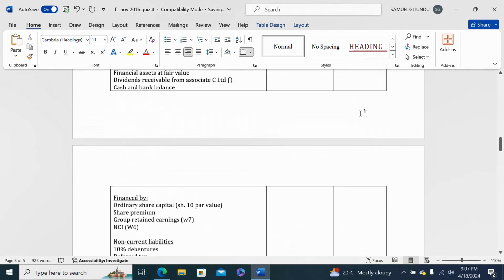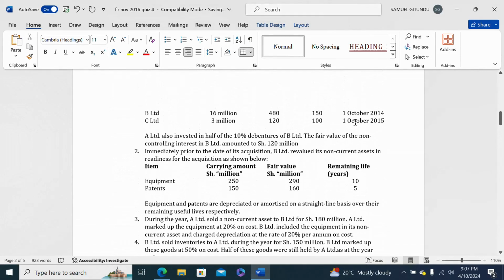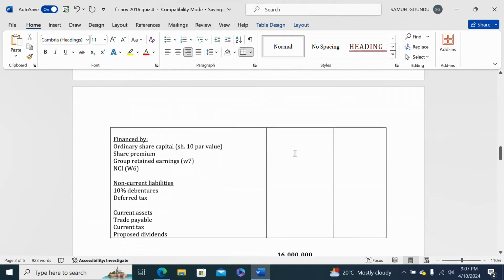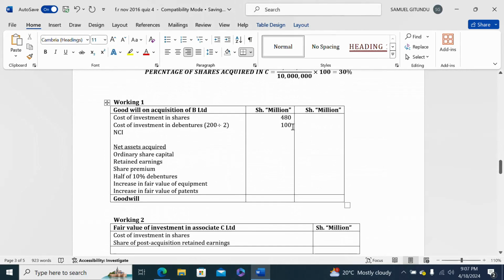Then the NCI, we have been told it is 120 million. So now the total of this is 700.